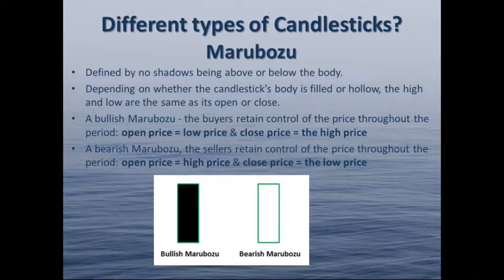Within a bearish Marubozu, the seller has complete control of the market throughout the period in question, with the opening price equaling the high price and the close price equaling the low price. The inverse is true for a bullish Marubozu, in black on the graph in front of you. So the opening price equals the low price and the close price equals the high price. Please see the diagram below.